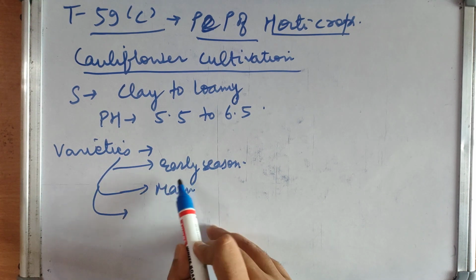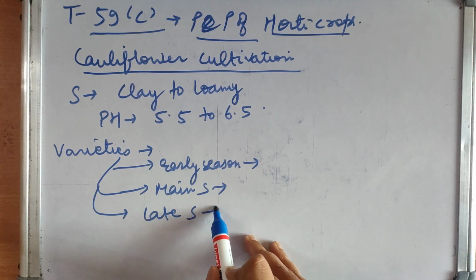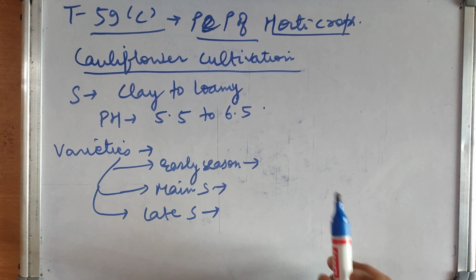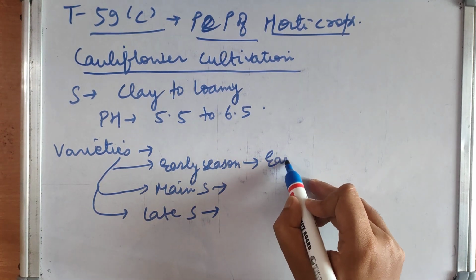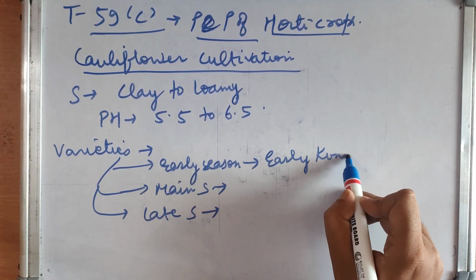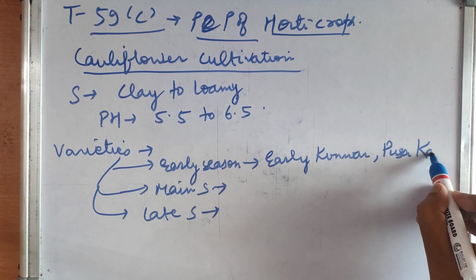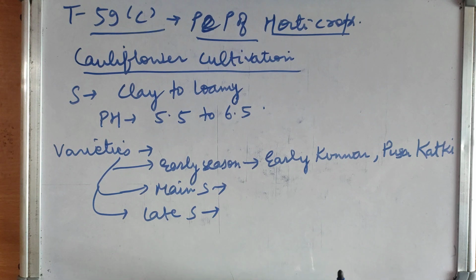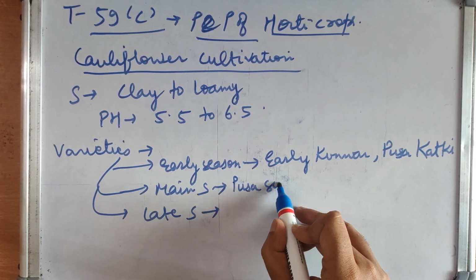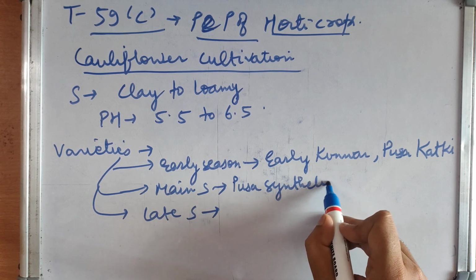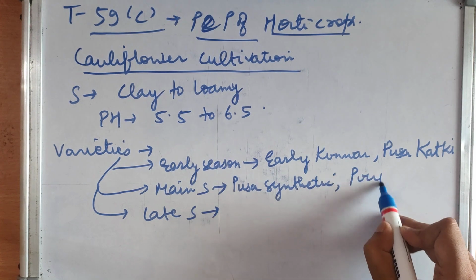Early season varieties are early Kunwar and Pusa Katki, not Kathi, Katki. Main season varieties are Pusa Synthetic, Punjab Giant 35.